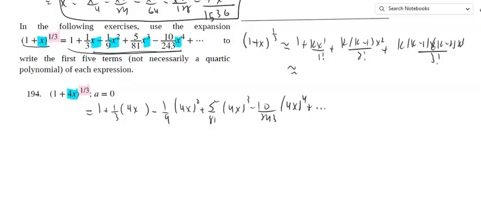And you figure out what those are. That's 1 plus k is 1/3. 1/3 times, now 1/3 minus 1 is negative 2/3. 1/3 minus 1 minus 2.